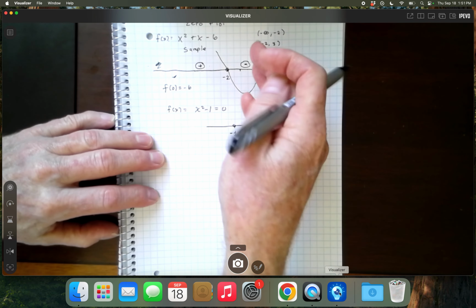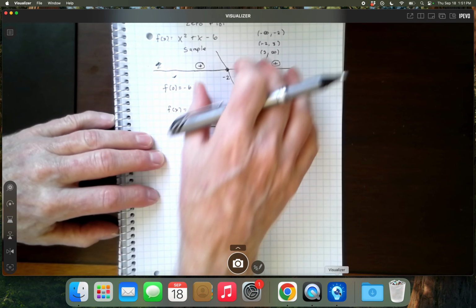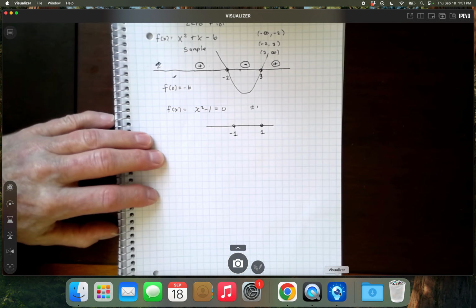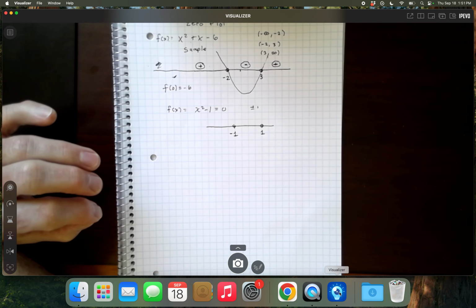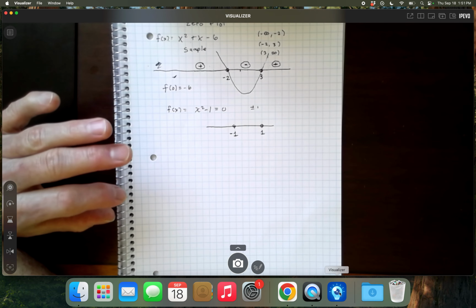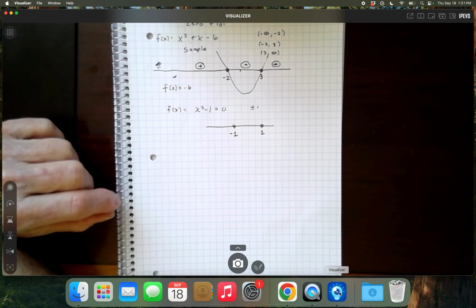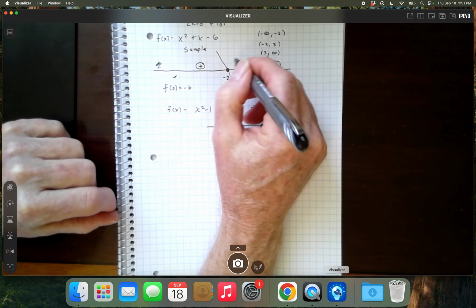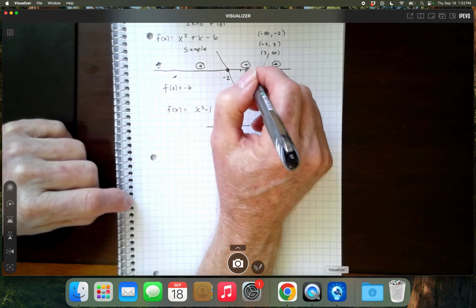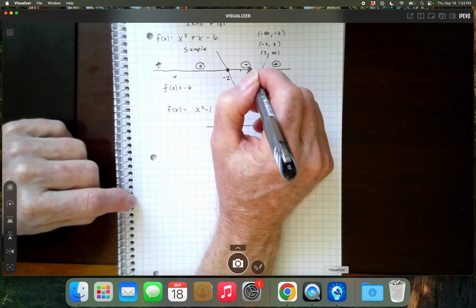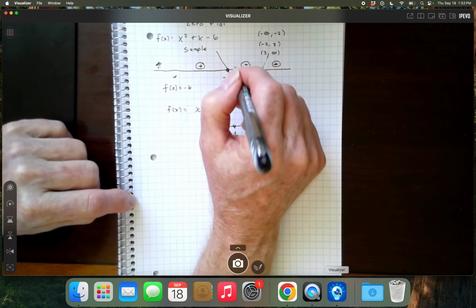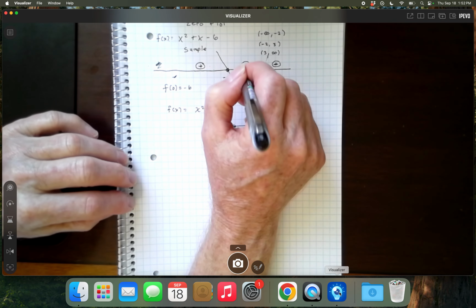If I'm asking where this function is negative, where it is 0, where it's positive, all the answers are right there staring at me. Maybe you've solved quadratic inequalities before and you have another way of doing it. There are other ways of doing it. But please, this technique is what we will be expanding on when we do polynomial and rational inequalities. So we're introducing this technique now because it's absolutely necessary in chapter 4.